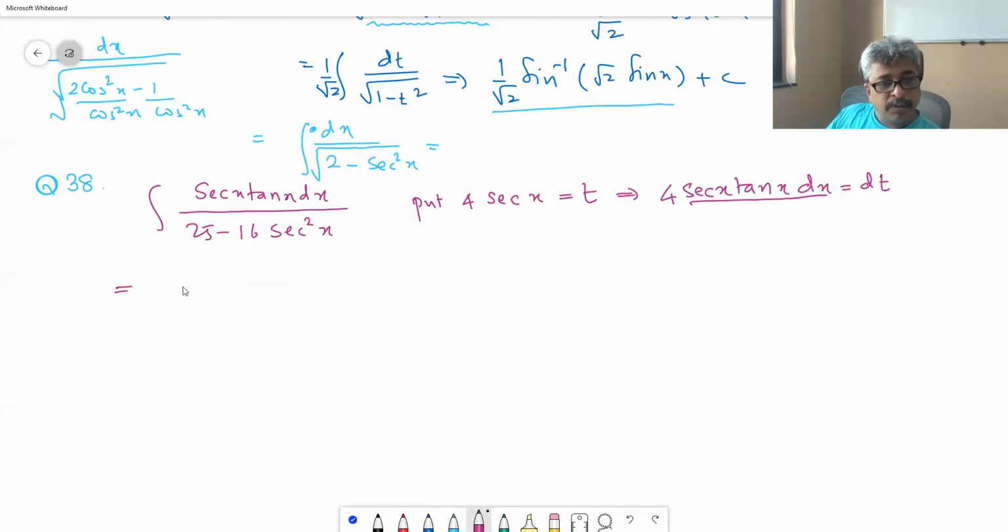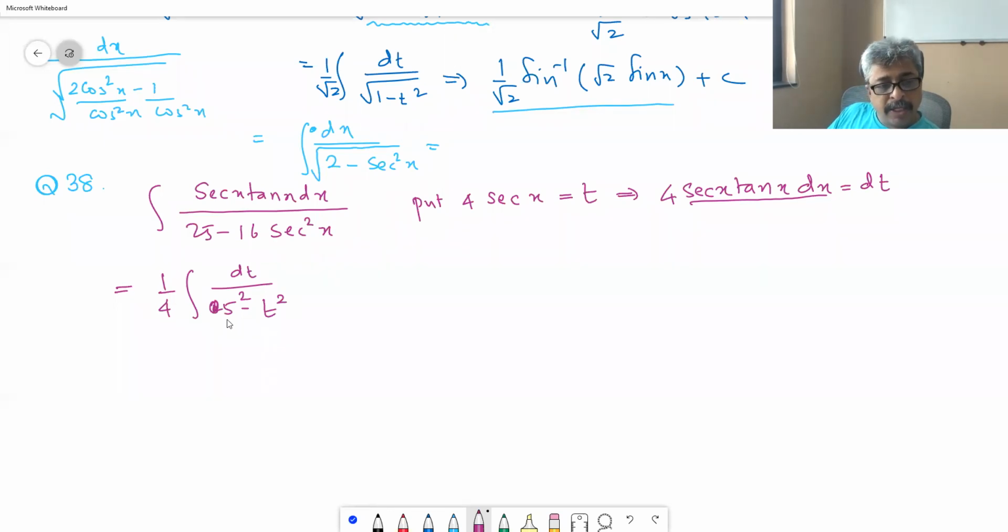So the integral becomes 1 upon 4 integral dt upon 25 minus t square, which is 5 square minus t square.